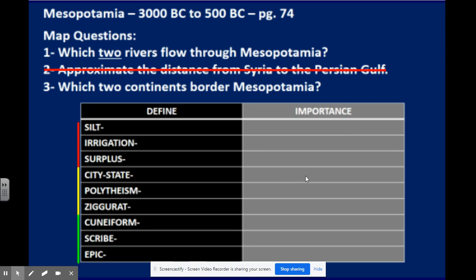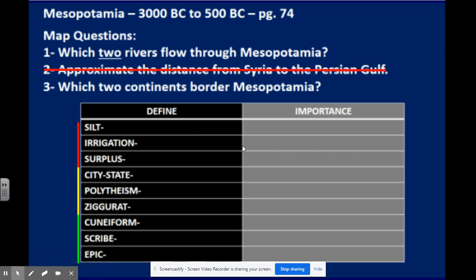Okay, so let's start out with what we're going to do here. Okay, first of all, we need to build a chart very similar to this. So as many definitions as you're going to have here, you need that many lines, obviously, in the notebook. Okay, but I would say that if this is your notebook page right here, that you leave half the page for the definition and half the page for the importance.